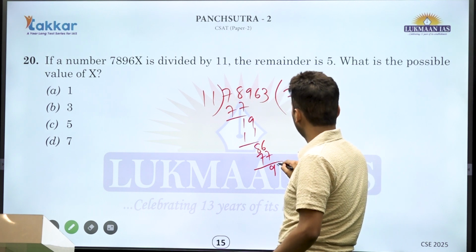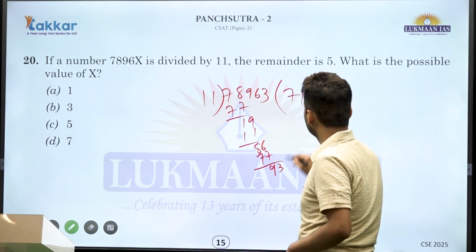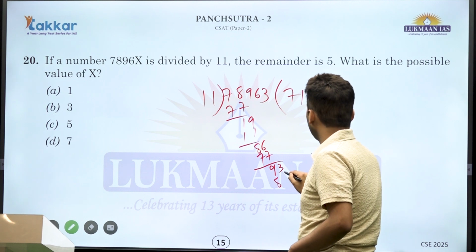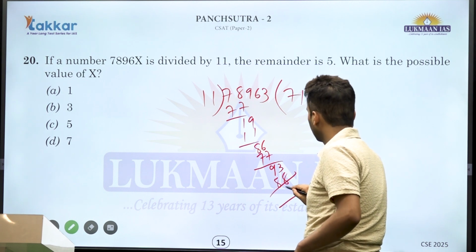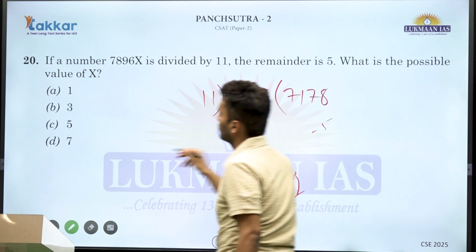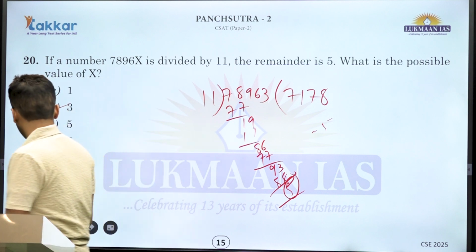This is 9, 3. Okay, and 8 times it gives how much? 88. So the remainder is 5. Here we got remainder as 5. So B is the right answer.